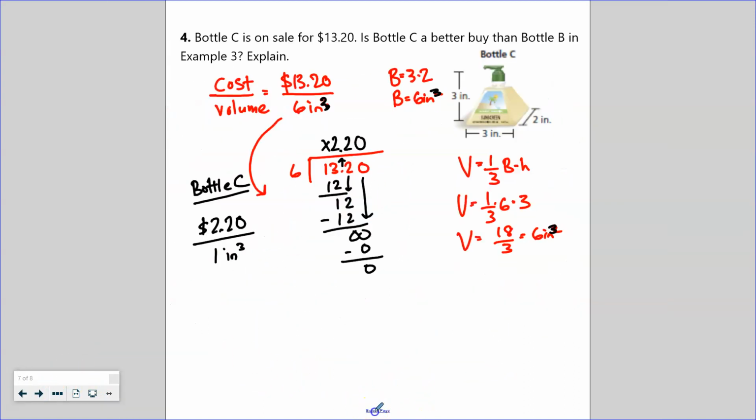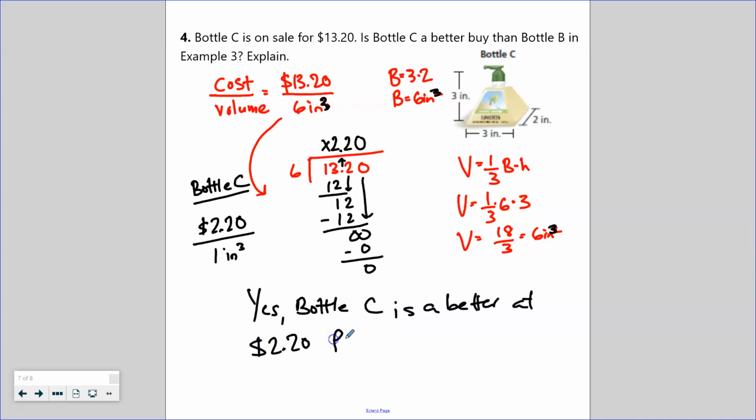So we would say yes, bottle C is a better buy at $2.20 per cubic inch.